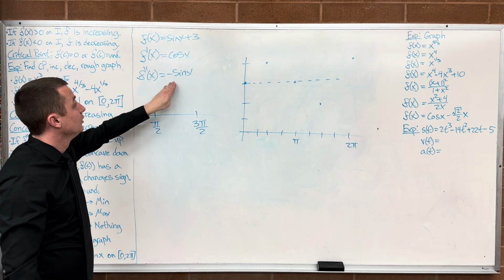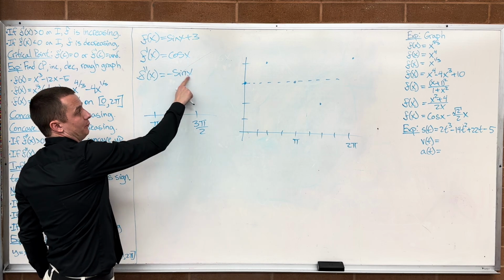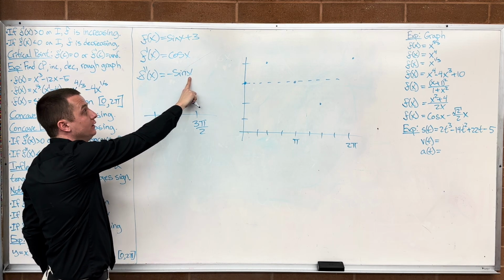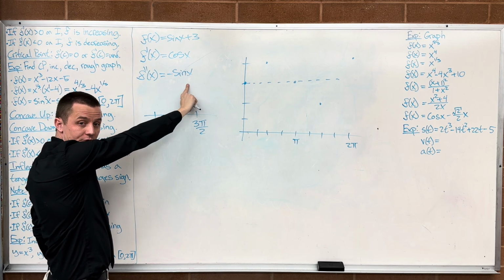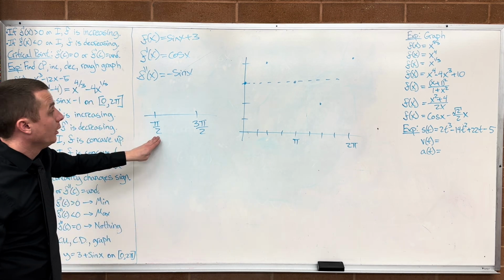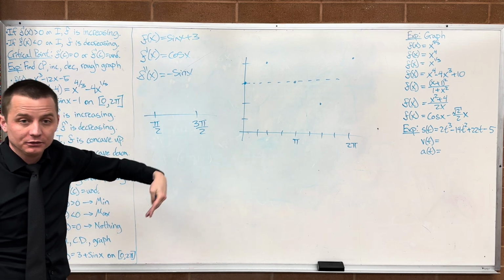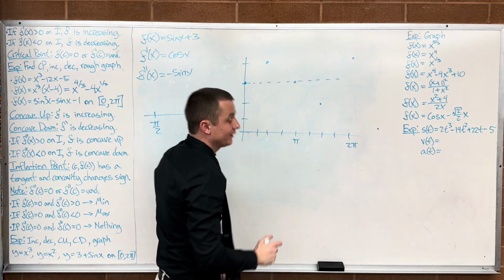Now, let's look at the concavity at each of those points. What's negative sine of pi halves? Negative 1. So at pi halves it's a local max, because it's concave down.